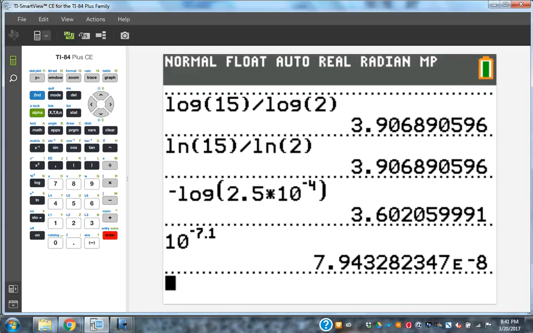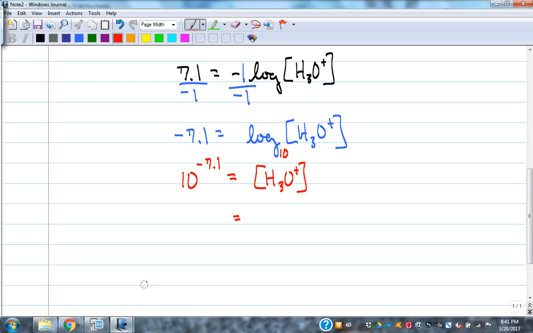So let's go 7.9 times 10 to the negative 8 is the concentration of that particular ion.